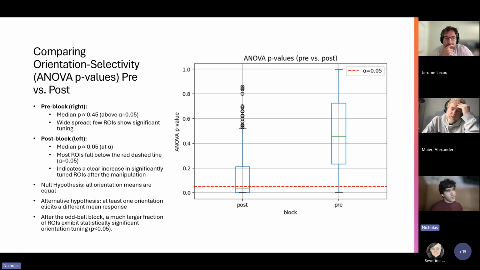That is, they exhibit more reliable tuning. If we're taking a random subset of trials from the post block, we're not going to see different kinds of tuning.